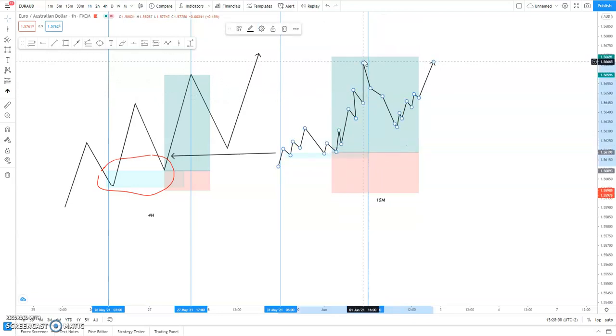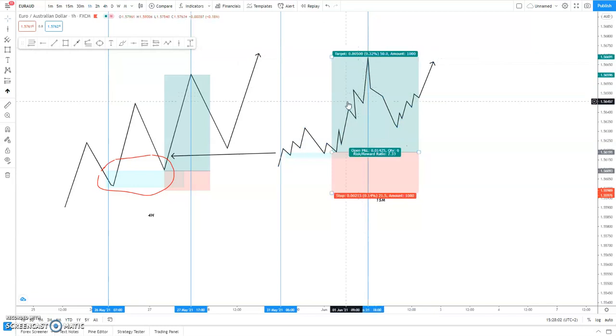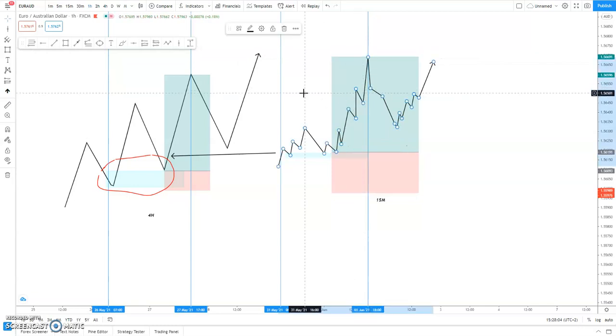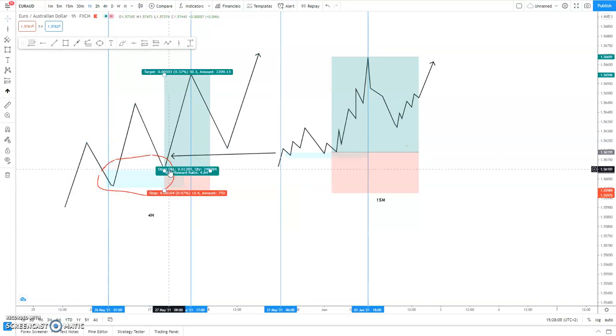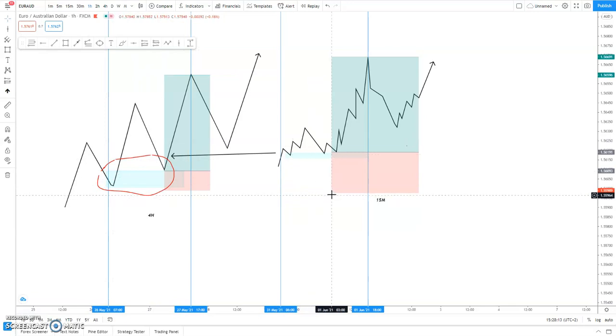So your TP is still the same size, but you refined your entry or your demand zone to a lower time frame.